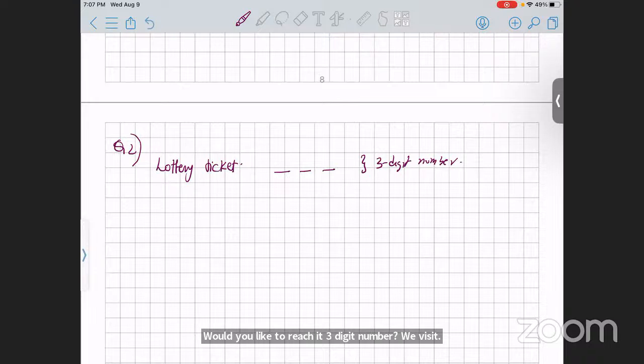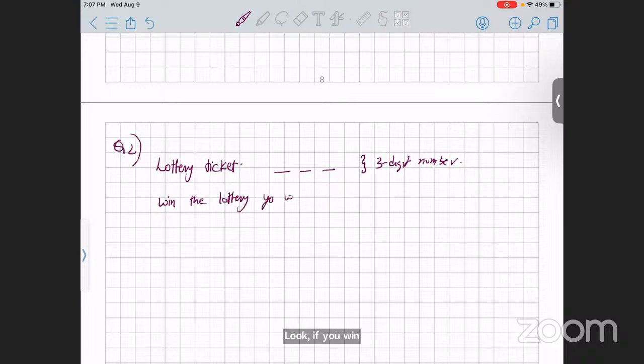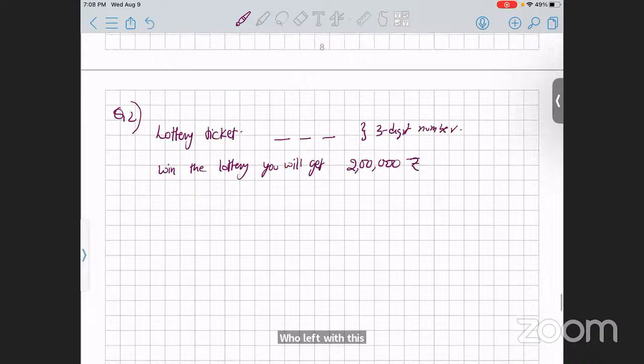Look, if you win the lottery, you will get 2 lakh rupees. Winning the lottery means matching all the three digits.